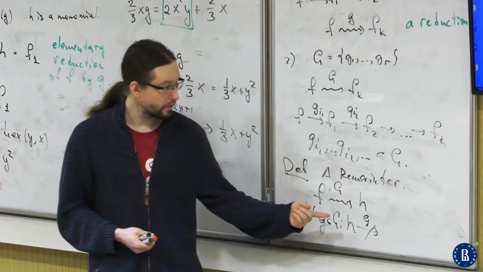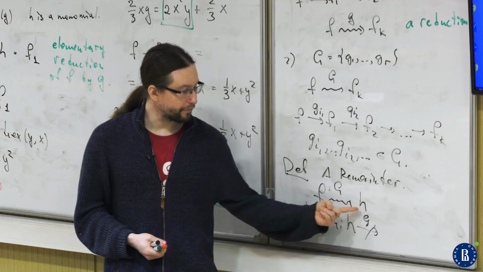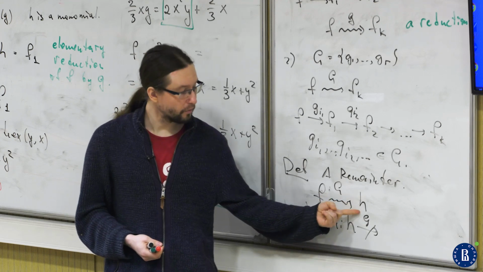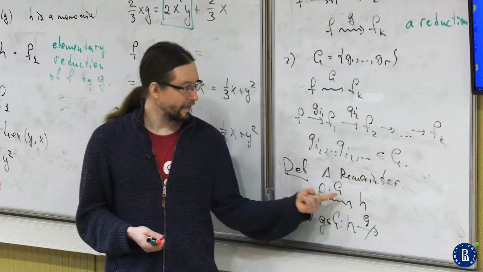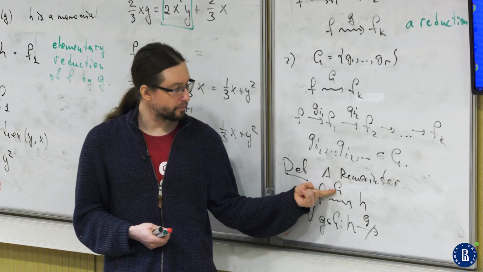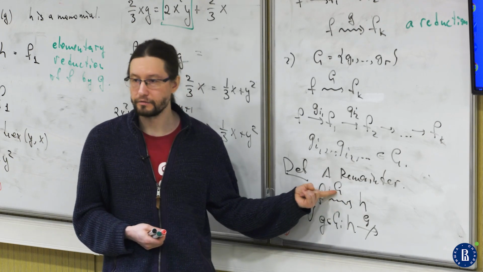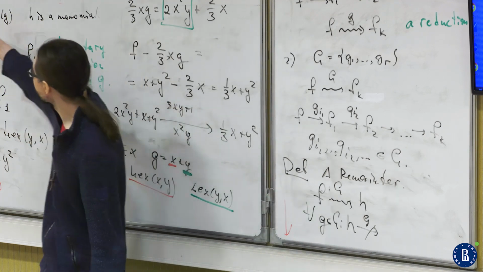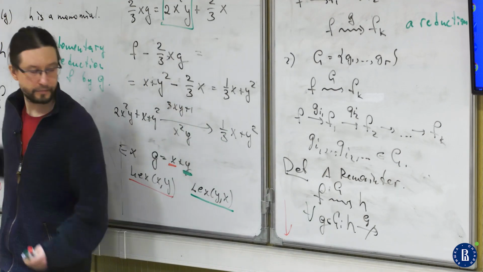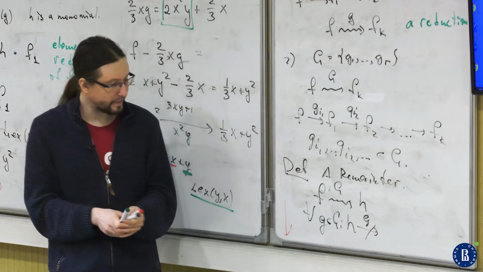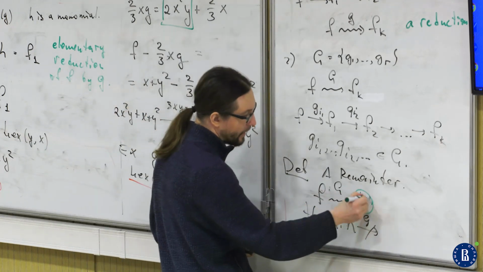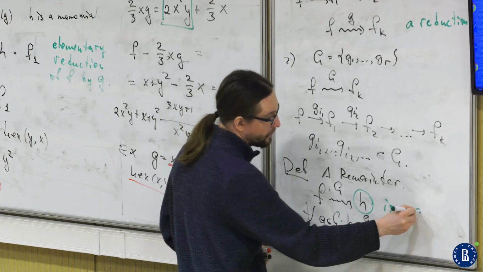What does it mean? It means that every term, every monomial of the polynomial h is not divisible by the leading monomial of every polynomial from g. So you cannot find this kind of monomial. So this is what it means here. Then, in this case, we will say that h is a remainder.